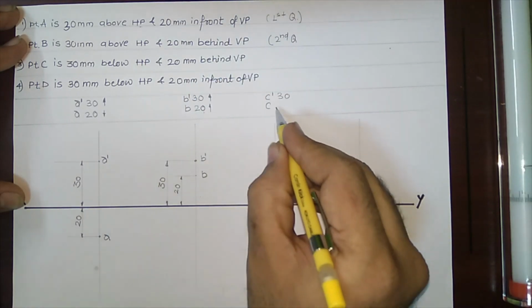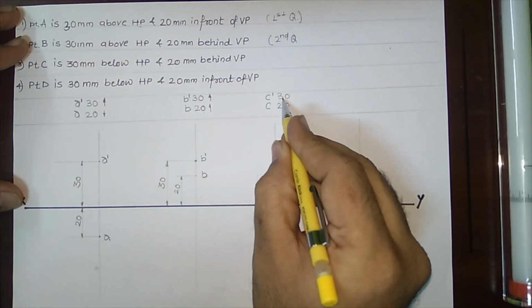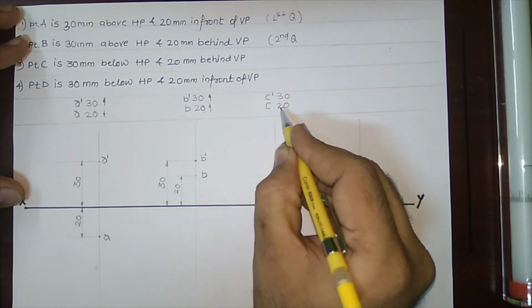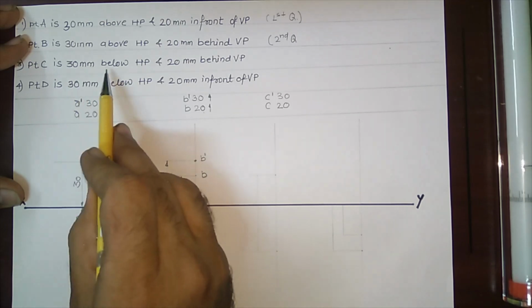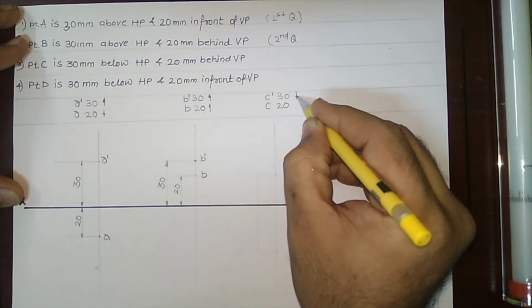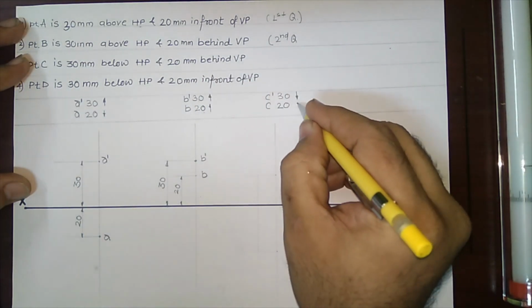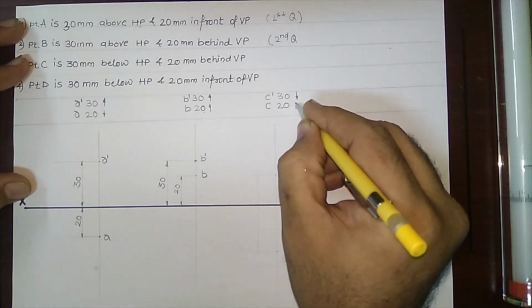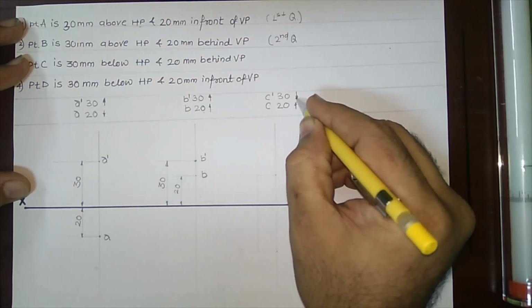VP से distance 20 millimeter. चेक करो. फ्रंट व्यू के लिए HP से डिस्टेंस, टॉप व्यू के लिए VP से डिस्टेंस. नाउ वी विल प्रोसीड. Point is below HP, so its front view will be below XY line. Okay, and behind VP. Behind VP means point is above XY line. So front view नीचे, top view ऊपर.